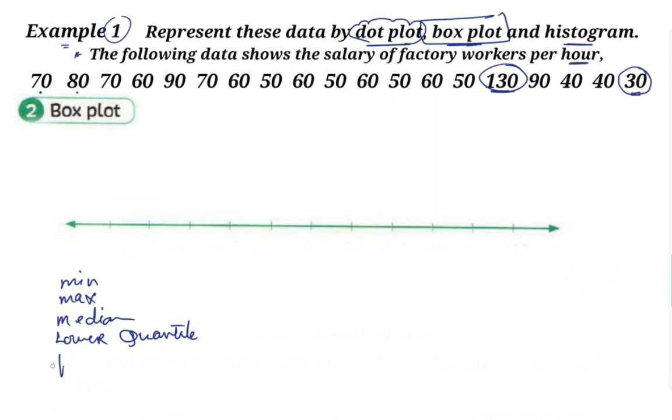And also upper quartile, right? Okay. Now what's the minimum? Minimum 30. What is the maximum? 130. How to find the median?